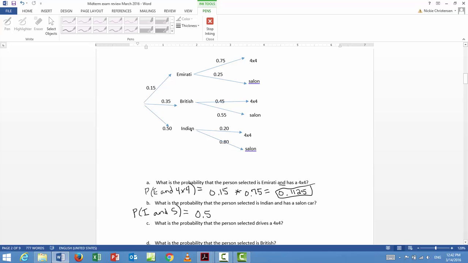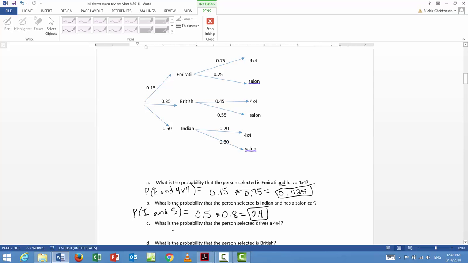So, and then and salon car, 0.8. Okay, and then if we multiply those out, we're going to get 0.4. So there's approximately 40% chance that a person selected from this sample would be Indian and driving a salon car.